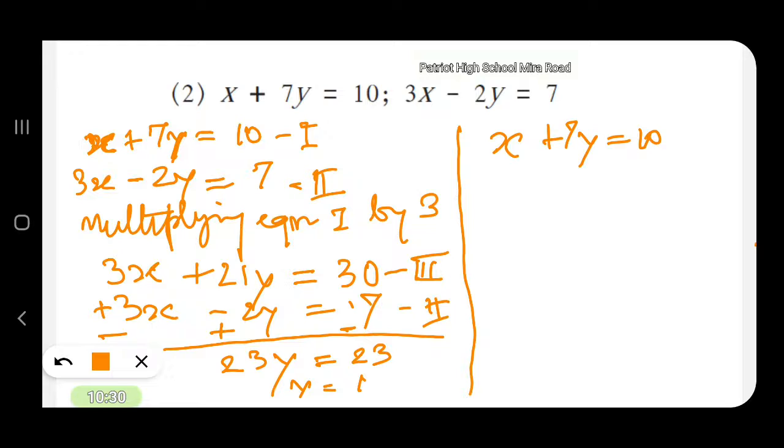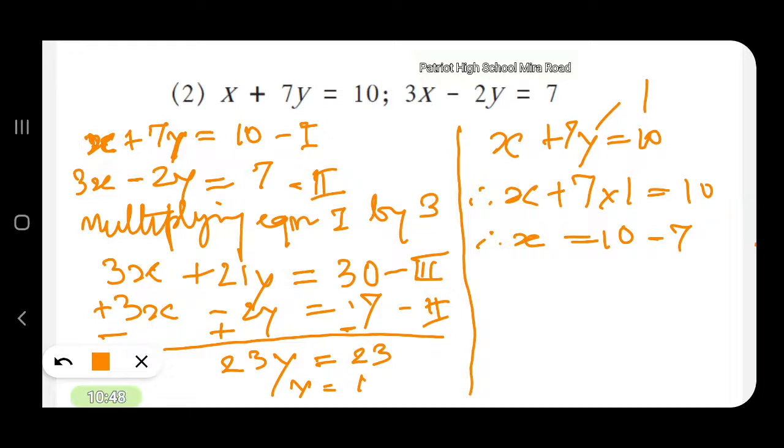Substituting 1 in place of y, we have x + 7 into 1 = 10. Therefore, x = 10 - 7. Therefore, x = 3. So the answer is x = 3 and y = 1.